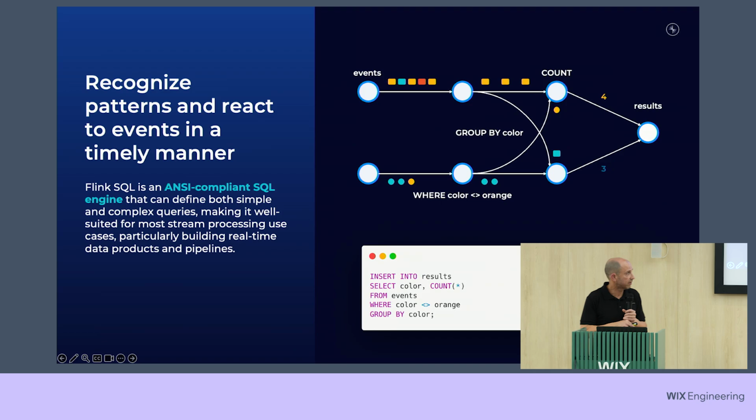Then we're doing the SELECT color and count, which means we want to group by the color and count the number of colors. The WHERE clause is how we do filtering in Flink SQL. And finally, there's the FROM, which is where the data is coming from.